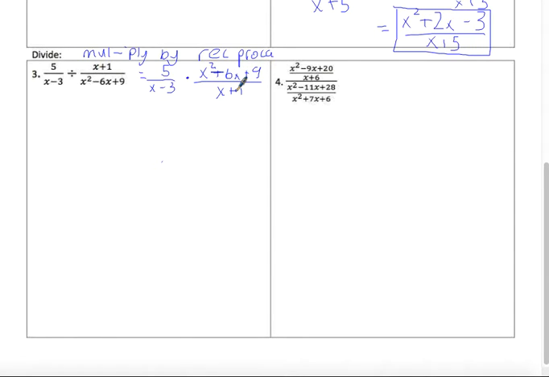So then here we'll follow the same process. We're going to factor x squared minus 6x plus 9. So we have 5 over x minus 3 times x minus 3 squared, because we would need a product of 9 and a sum of -6.